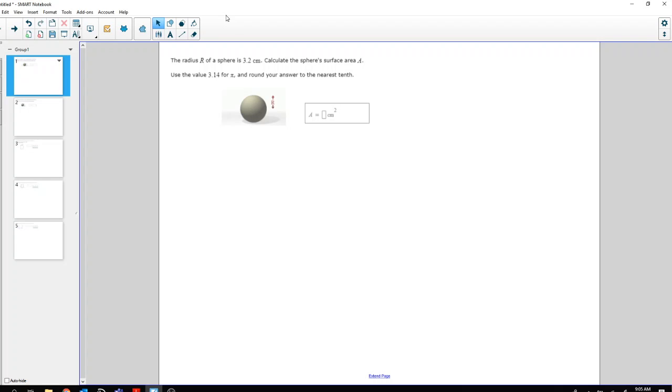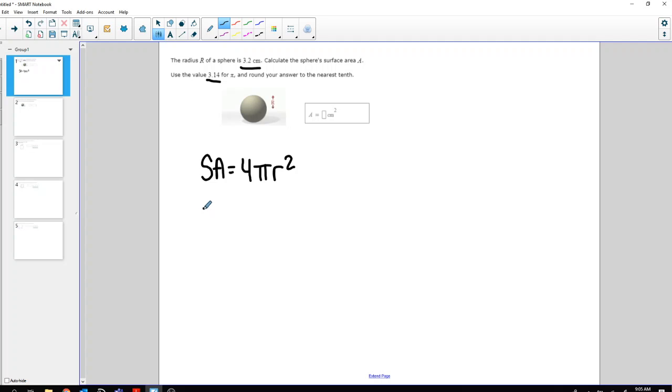First one we have here is a sphere. When we are looking at a sphere, this is the new shape for you guys this week. Our surface area formula is 4 pi r squared. Now this one here, they give us the radius, it's 3.2, and they also tell us to use 3.14 for pi.